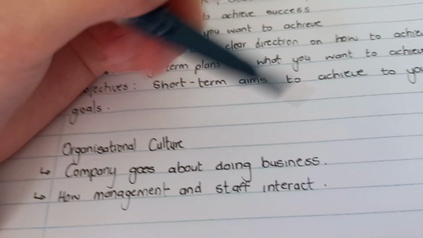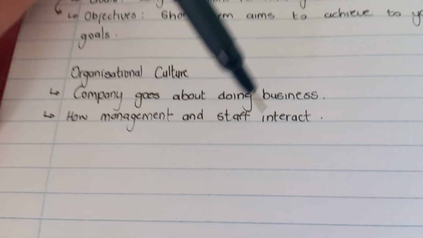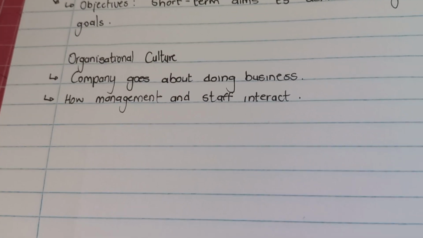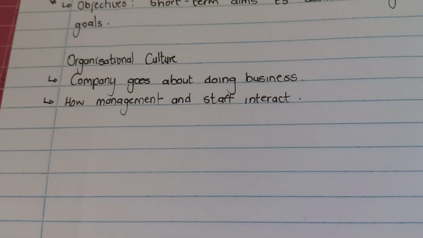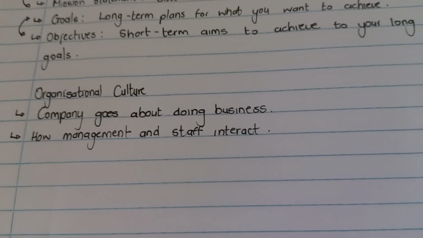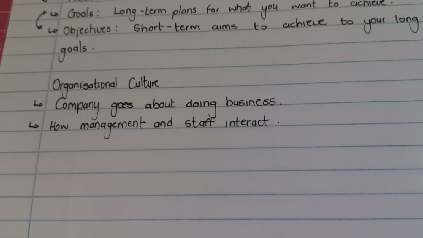So how management and staff interact, you can know how management interacts with staff and how staff interact with each other. That's just something you're going to have to remember. Okay, and like I say, we're just trying to make your notes small, compact, so that you get the gist of what you're studying, and so that you can remember basically what they're trying to tell you, not trying to remember word for word everything. Okay, it's about understanding the work, not parrot studying the work.